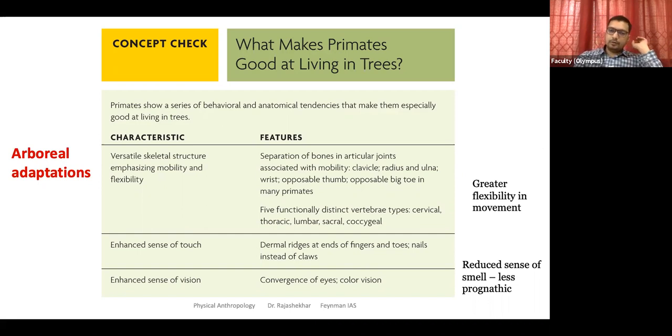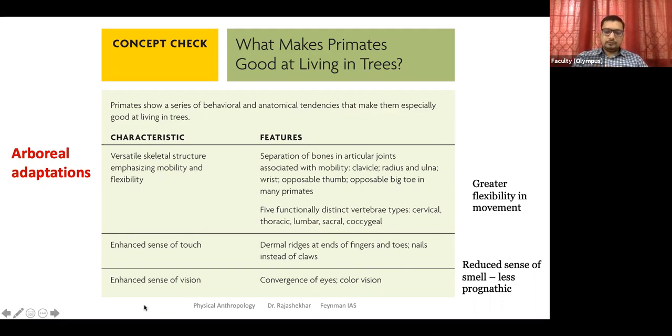Also there are a few more details, like how our skeletal system, the backbone, is designed. I'm going to talk to you about it later. It is also designed differently for an arboreal lifestyle. Their curvature is designed differently for those that live on trees. Second one I already told you is enhanced sense of touch, reduced sense of smell, enhanced sense of vision and touch.